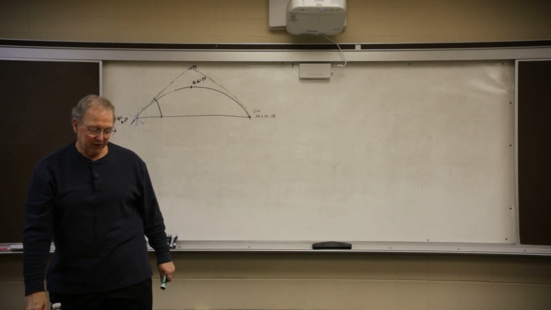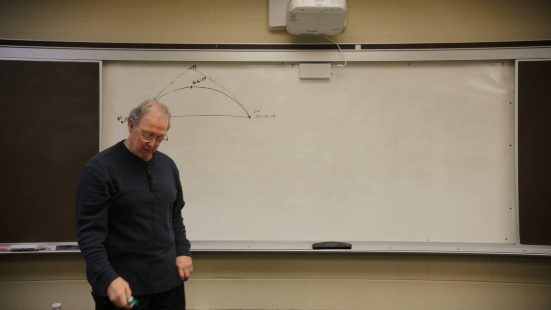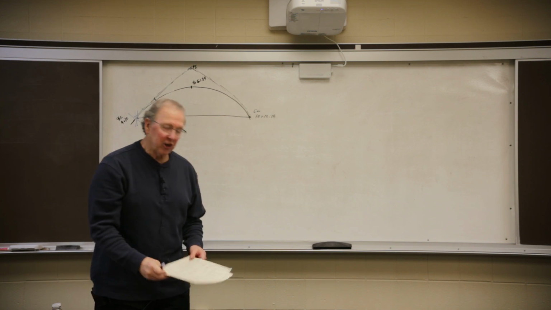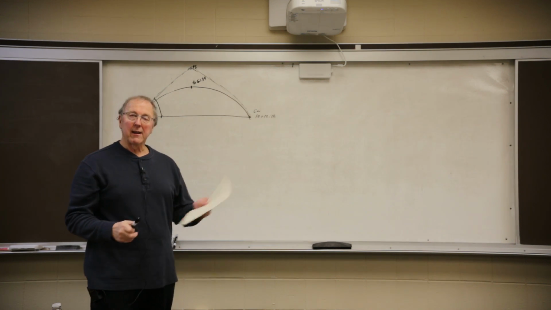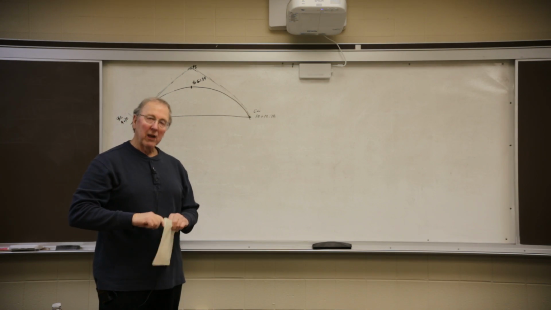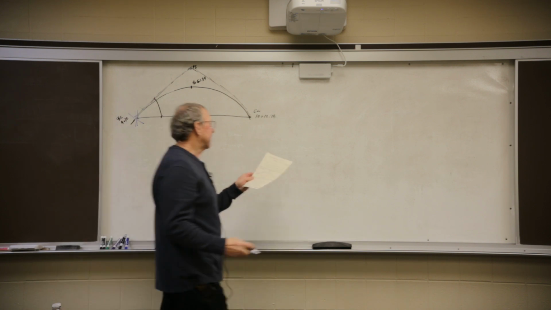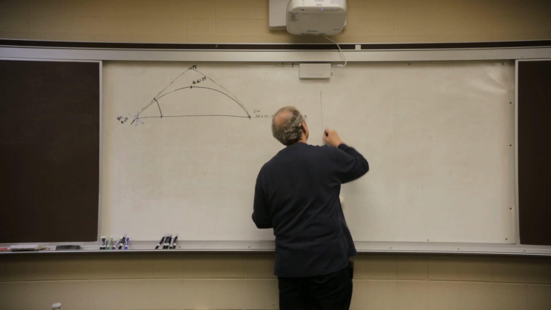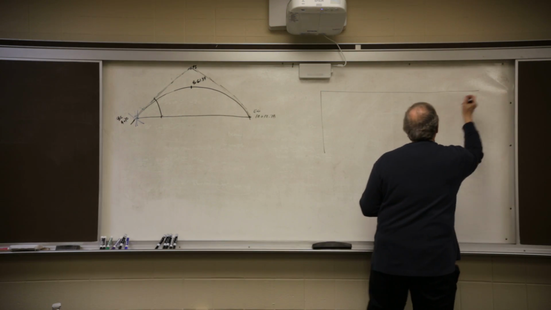Obviously, we won't be going outside. You won't be here, so this is the table we've got to populate. I'm going to show you how to populate it. You take the data out of this table, you take it to the field, and you lay out the curve. So if I look at this table, it looks like this. So I want you to copy this down. It's a fairly long table.